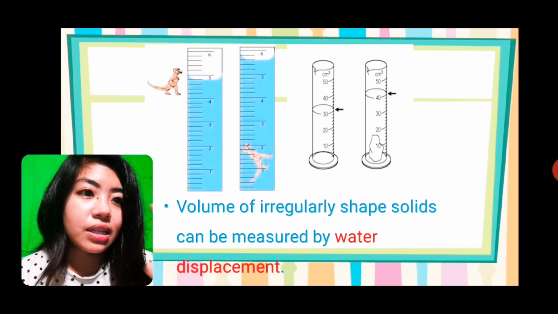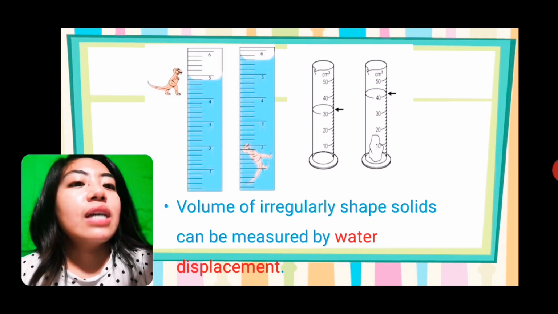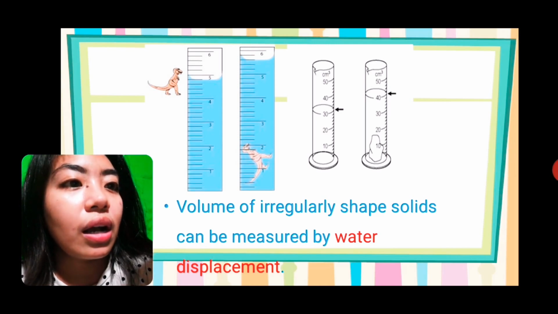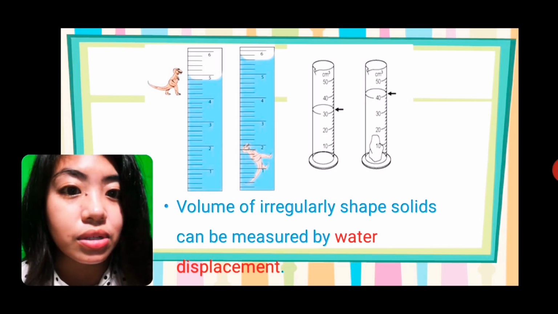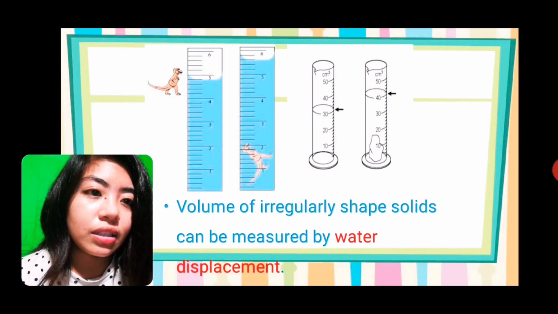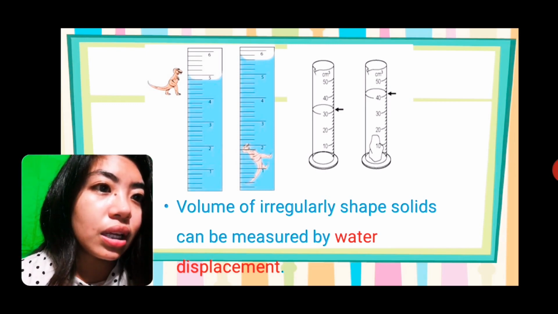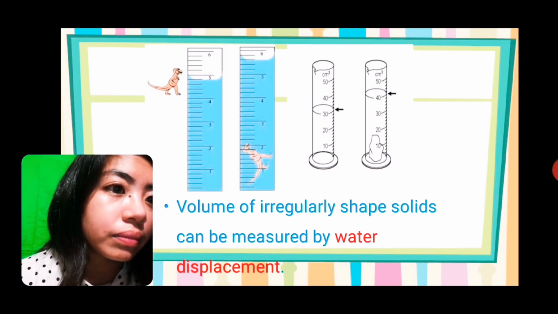Yan, may graduated cylinder. Tapos, lalagyan mo siya ng water. For example, we have this one. Itong ating stone. Ito, mas malinaw kasi itong sa stone eh. So, nilagyan mo siya ng water, yung graduated cylinder natin, for about 30 cubic centimeter.